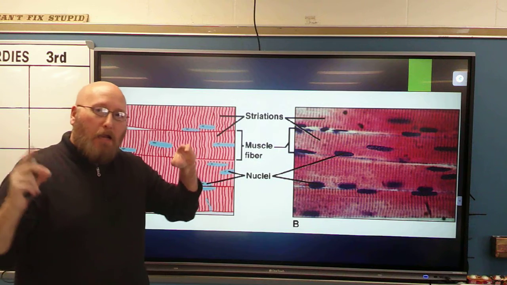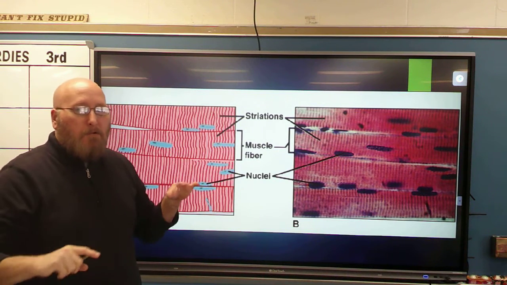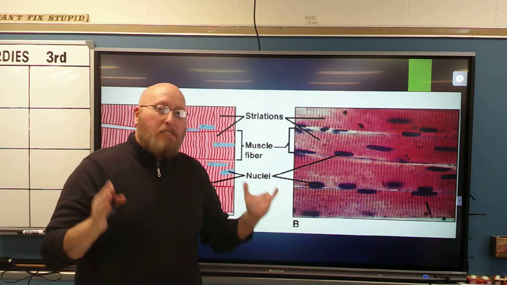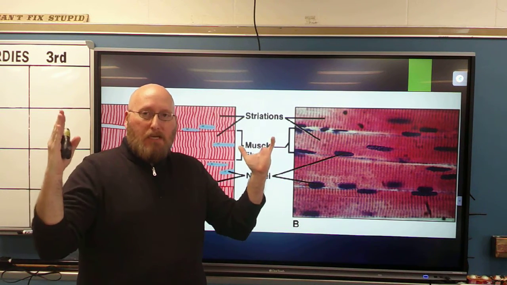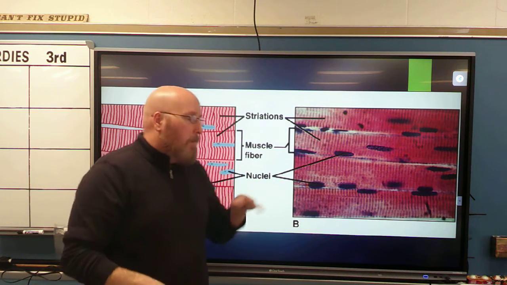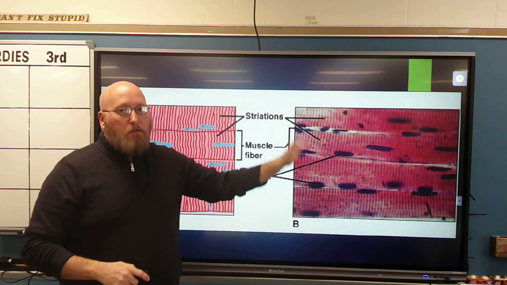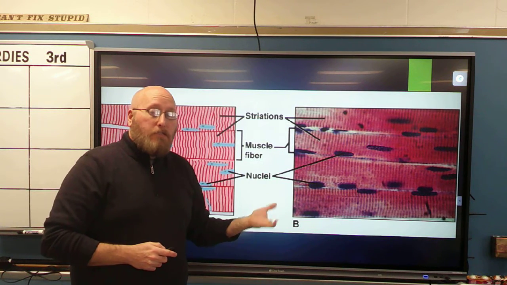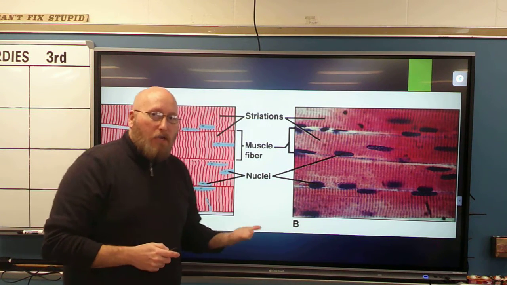They're very elongated, they're striped, they have several nuclei, but their whole reasoning is to contract, to go from this length, to contract, so you can move what you need to move, okay? So that's skeletal muscle fibers, skeletal muscle tissue, skeletal muscle cells, whatever it is, it's all the same basic stuff.